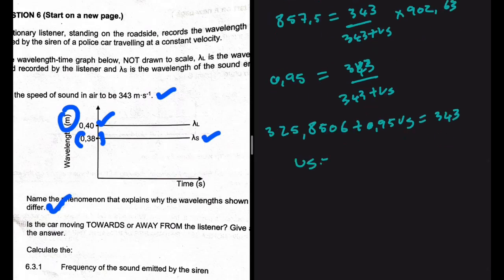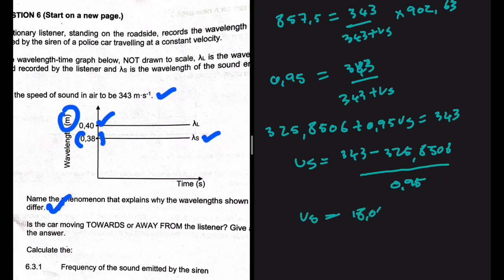So Vs is going to be equal to 343 minus 325.8506, everything divided by 0.95, the coefficient of Vs. Let me just put that in my calculator and see what I get here. I'm getting 18.05. So Vs is 18.05 meters per second. There we go.